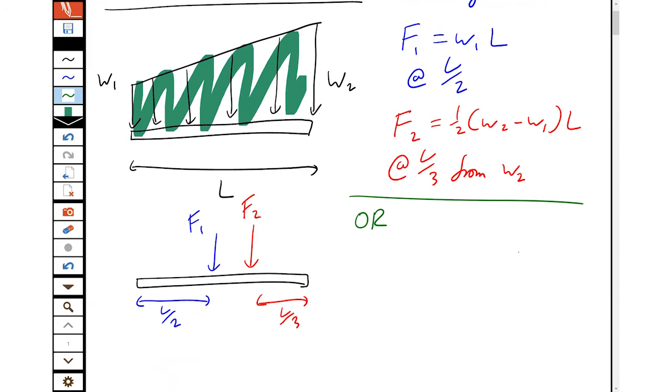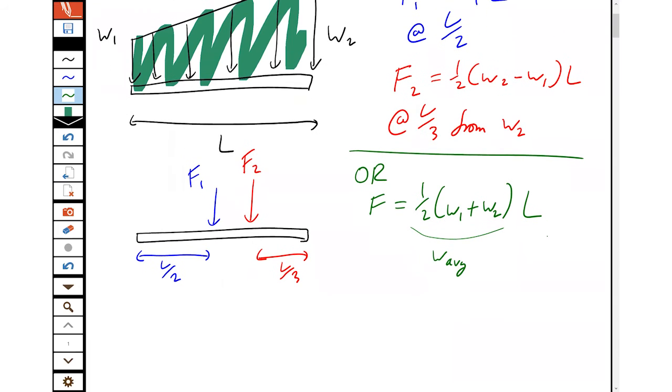which is the equivalent force is the area of the trapezoid, which is a half distributed load 1 plus distributed load 2. You'll see that's actually the average of the distributed load times the length.